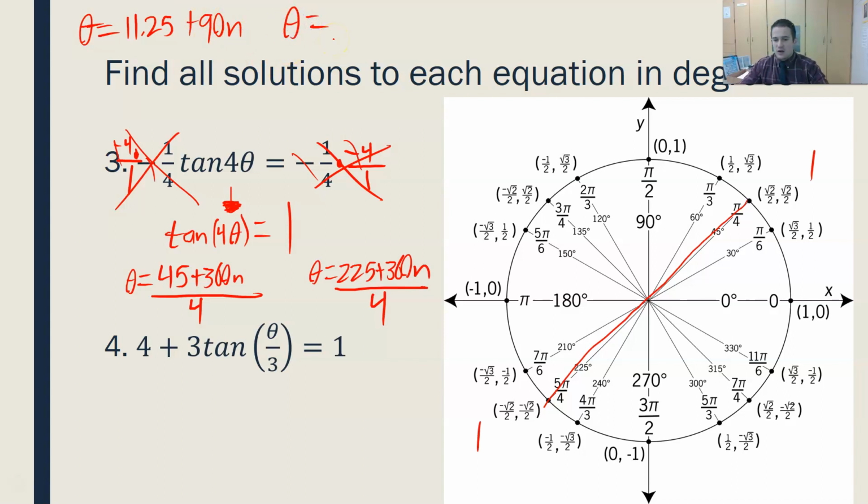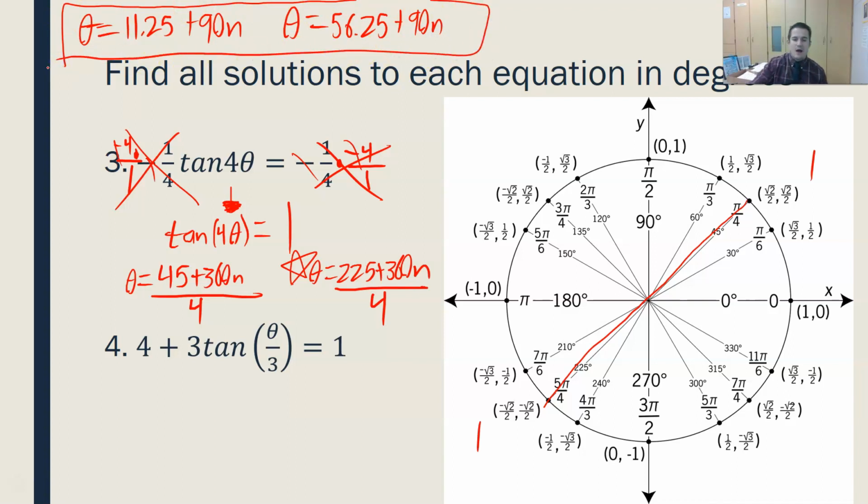This next one, 225 divided by 4 is 56.25. Then 360 divided by 4, again, was 90, so plus 90n. So that would be how I write my solutions. Theta equals 11.25 plus 90n and 56.25 plus 90n.